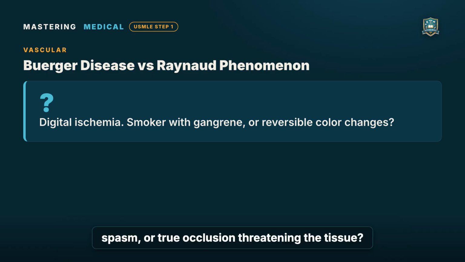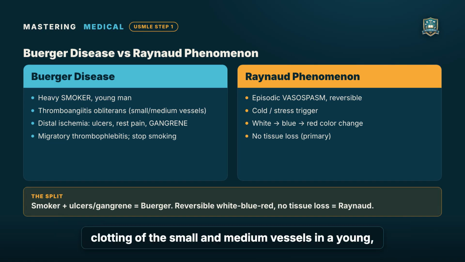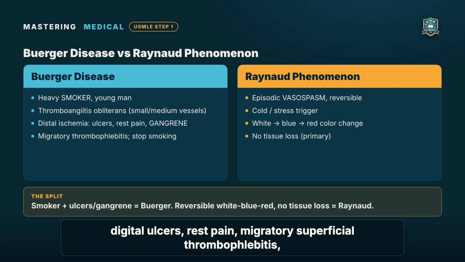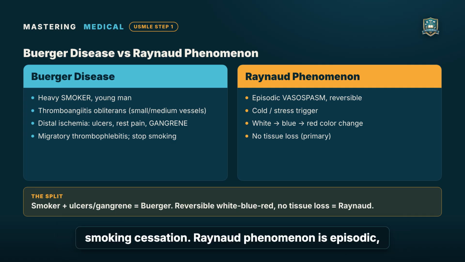Is this reversible spasm or true occlusion threatening the tissue? Buerger disease, or thromboangiitis obliterans, is inflammatory clotting of the small and medium vessels in a young, heavy smoker, causing real distal ischemia, digital ulcers, rest pain, migratory superficial thrombophlebitis, and even gangrene. The only effective treatment is complete smoking cessation.